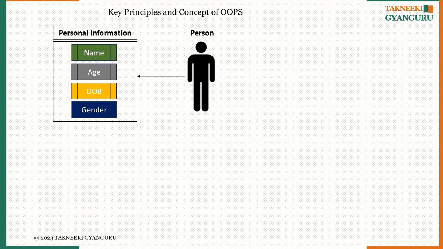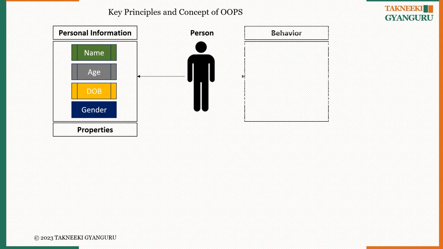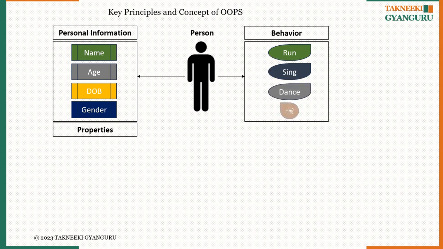This person also has behavior, like he can run, he can sing, he can dance, or he or she can swim. And this behavior is called methods or functions in programming language, and the personal information is called properties in programming language.